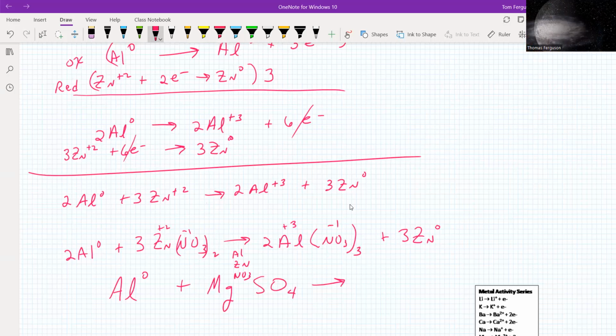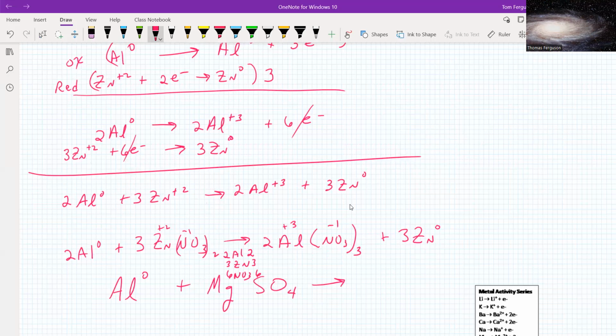Okay, we have 2 aluminums, 3 zincs, either side. How many nitrates do I have on the left? 6. And 6 on the right.